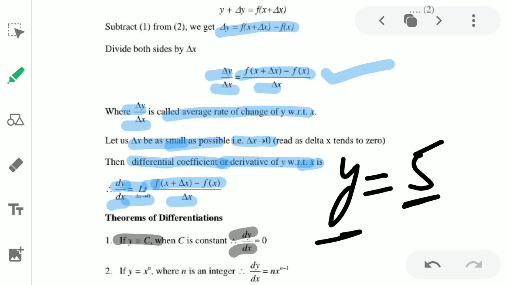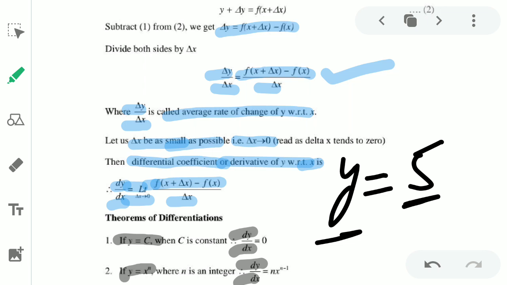In another theorem of differentiation, if we write y equal to x to the power n, where n is an integer, the formula is: dy by dx is the power n brought forward, and the power minus 1.